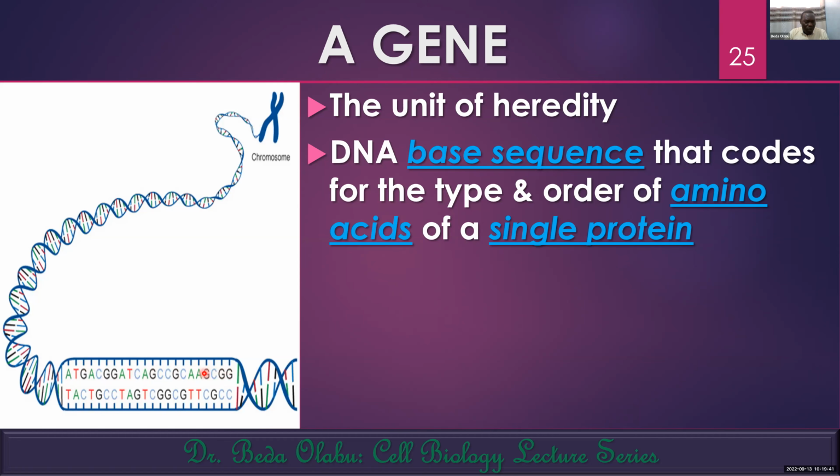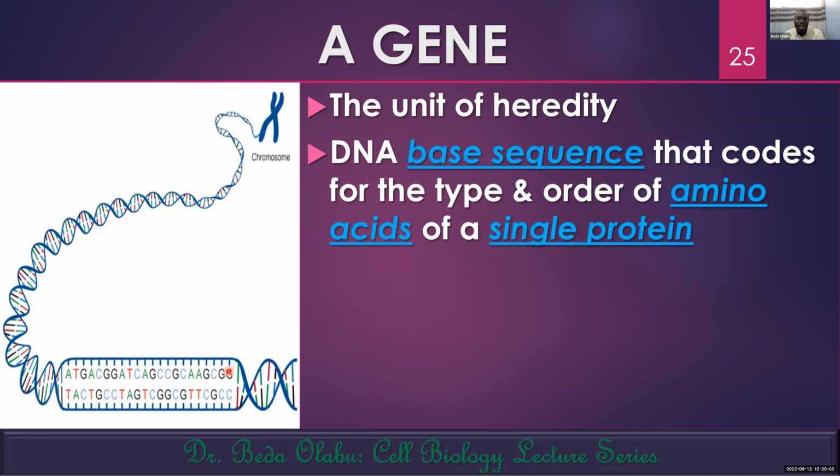So the sequence of bases here that code for the order in which amino acids appear in a particular protein is what we're calling a gene. The base sequence that code for the type and order of amino acids in a single protein.